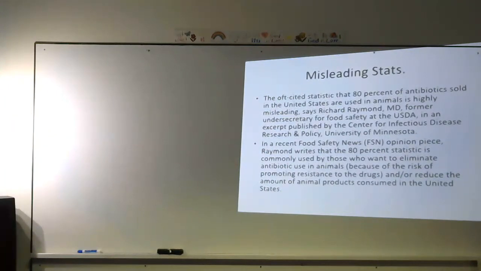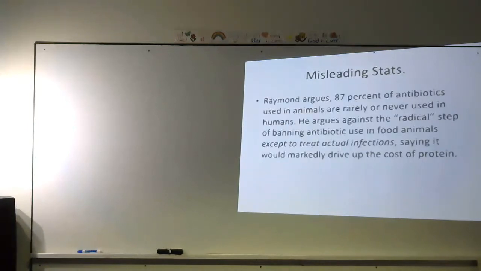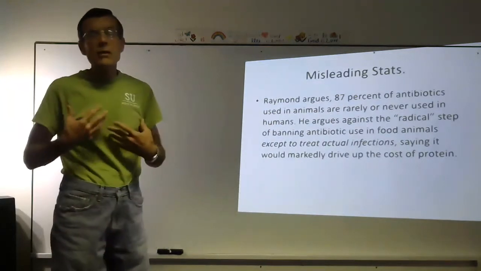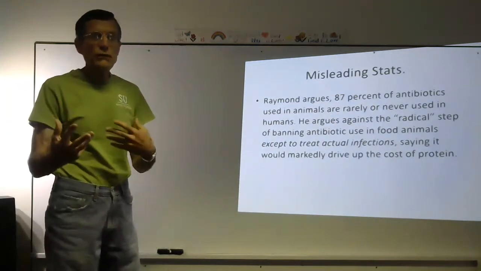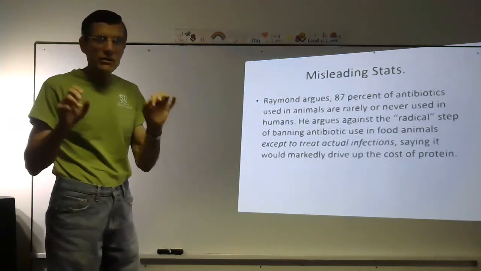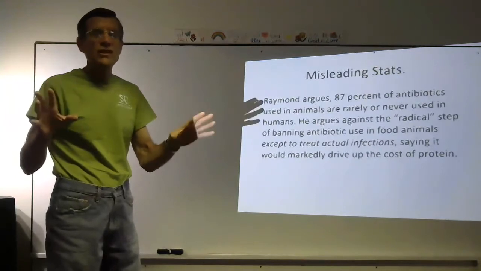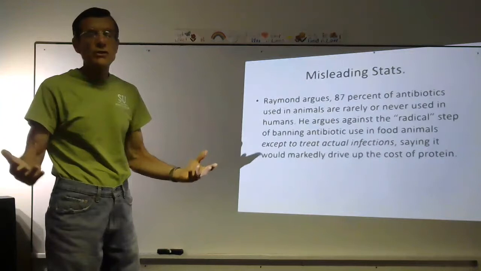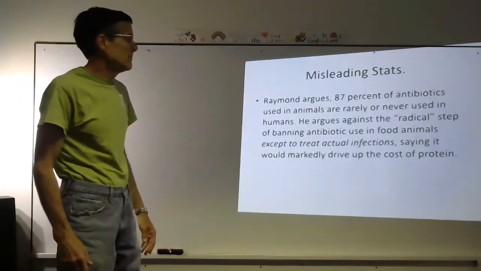He argues that 87% of the antibiotics used in animals are rarely or never used in humans. That may be so, but you are still feeding massive amounts of antibiotics to animals, and the bugs, the viruses, the germs, the disease that they cause are steadily becoming more and more resistant to antibiotics.